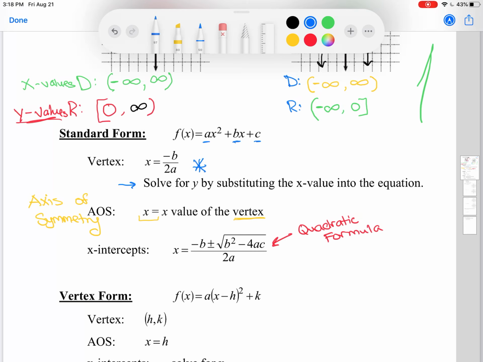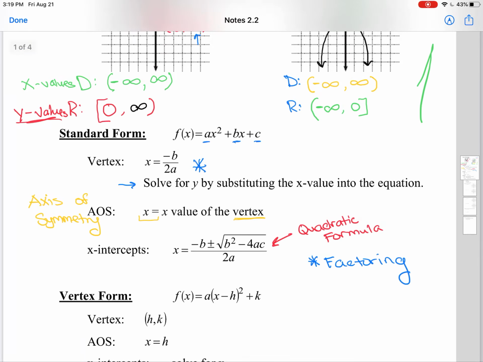I definitely like this form a lot more. However, it is not going to work every single time, but if you like this, we can always check it out first, and that way is through factoring. So again, key things: quadratic formula. If we don't like to use the quadratic formula, we can always check in on our factoring skills.